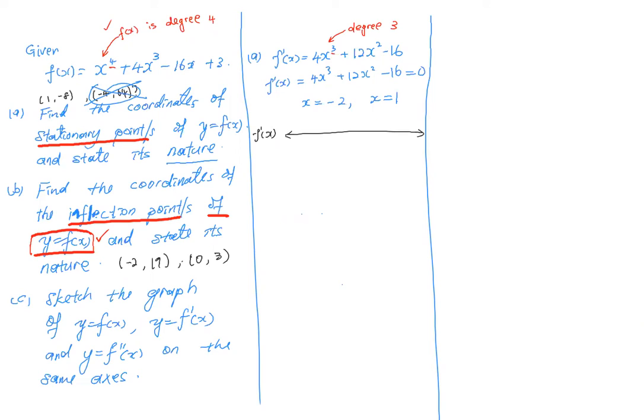What number must I state on this line? Just -2 and 1, because that makes f prime x equal to 0.